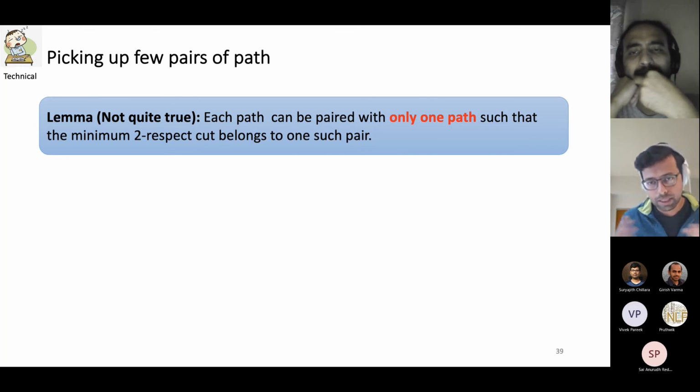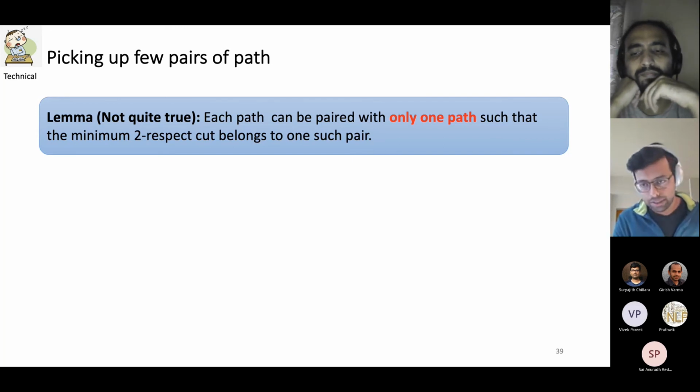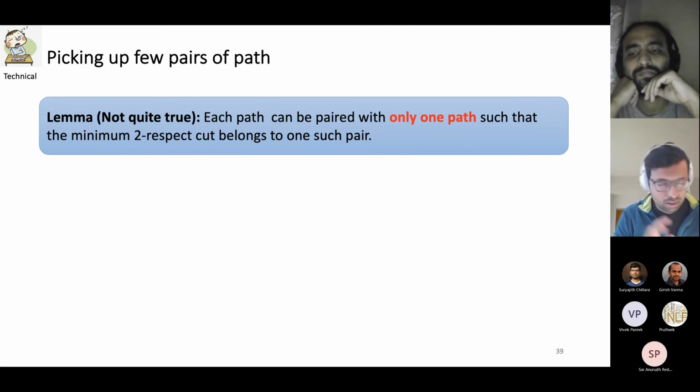You're going to pair up these paths one after the other, and for each pair, you're just going to run this monotone matrix business. Because the sum of the lengths of all the pairs is at most n, and our complexity is near linear in n, this linearity will percolate, and you will have an almost linear time algorithm.